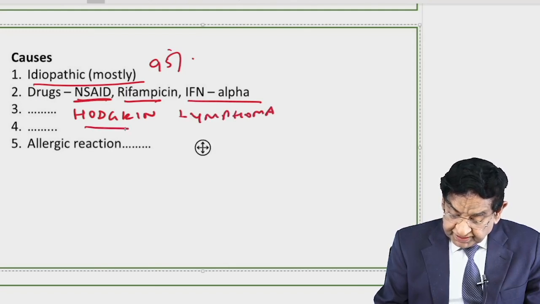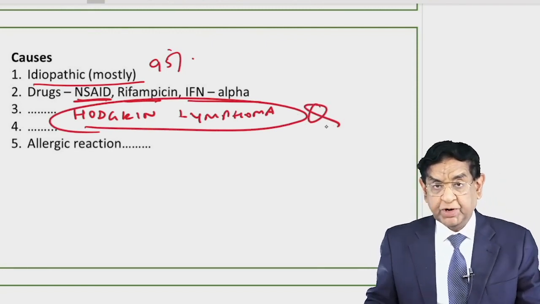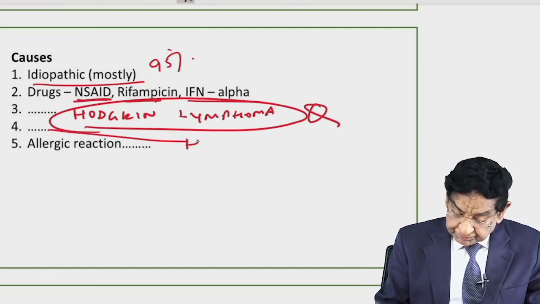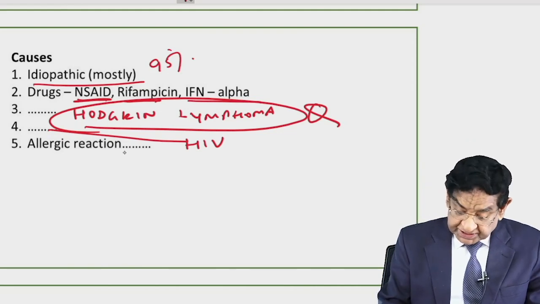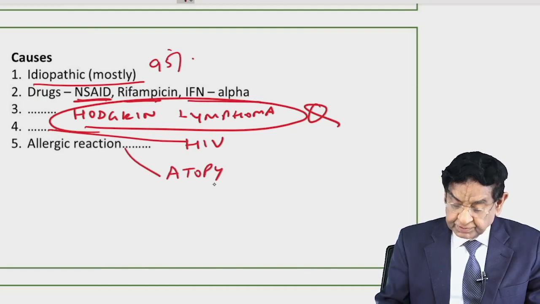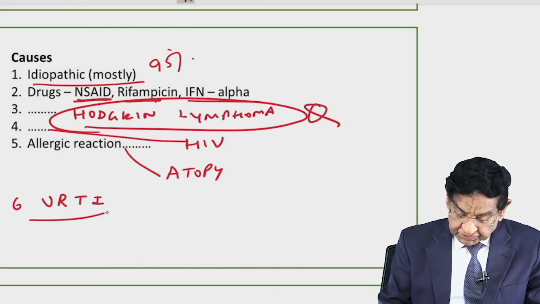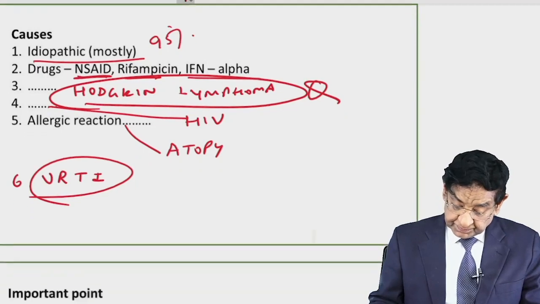This is a very, very important point that you have to remember. This may occur in HIV also. It can occur as an allergic reaction, so it can occur in atopy also. And uncommonly, it may occur due to upper respiratory tract infection also. URTI can be a cause in some cases.